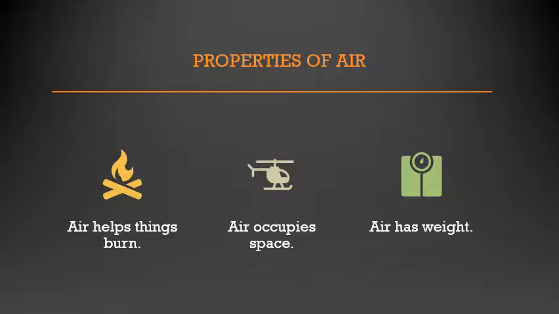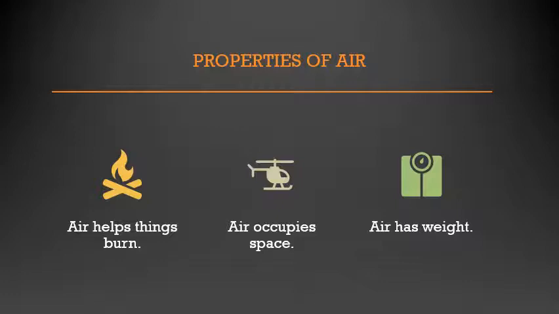So the three properties of air are: air helps things burn. Anything, if it has to burn, it needs oxygen. It needs air. Then air occupies space. Air occupies space means any matter, any glass or anything you take, there is always air in it.